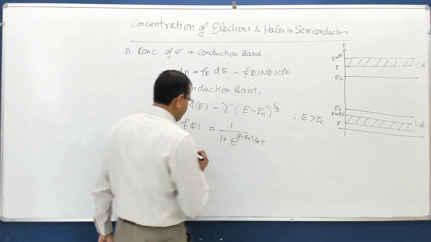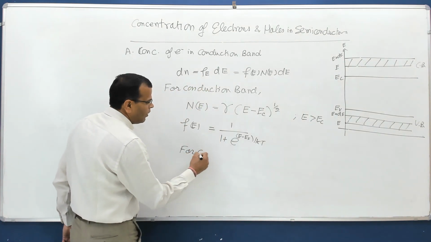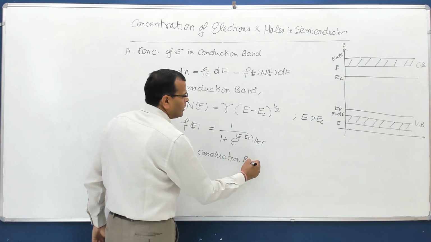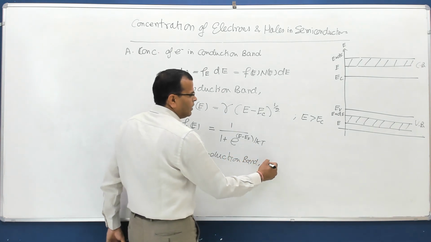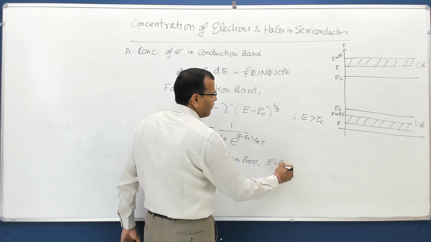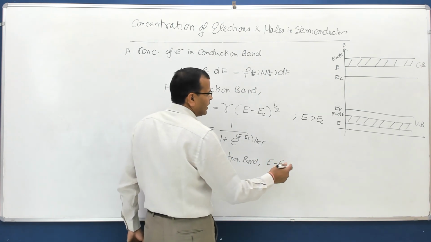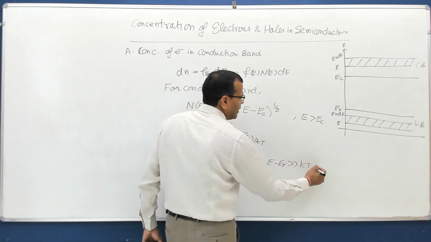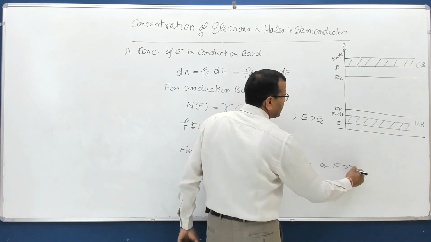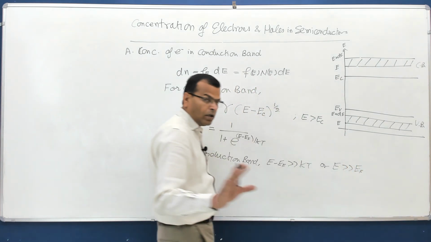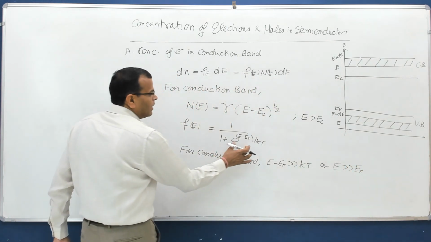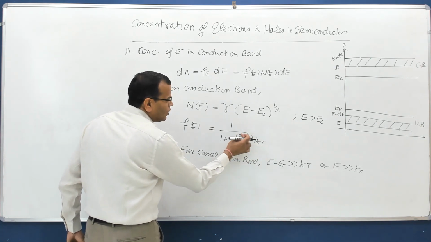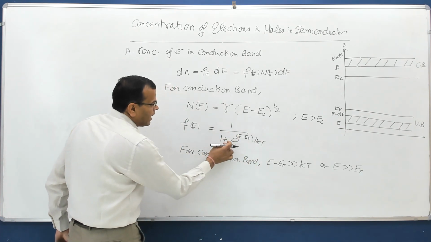So for the conduction band, that is your assumption: E minus EF is much greater than KT. Why? Because E is much greater than EF. If E is much greater than EF, this will become large, so I can neglect the 1.